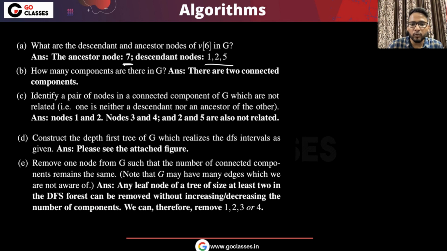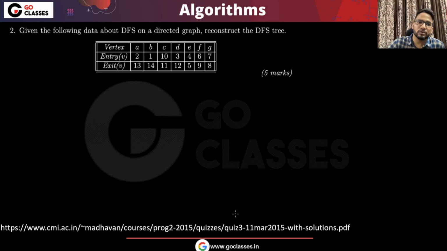Now let's move to other questions. See this question, which was asked in CMI, some quiz, I think. They are asking the same thing: given the following data about the DFS on the directed graph, reconstruct the DFS tree or the depth first tree. Entry and exit are just the start time and finish time. So let's try doing it.